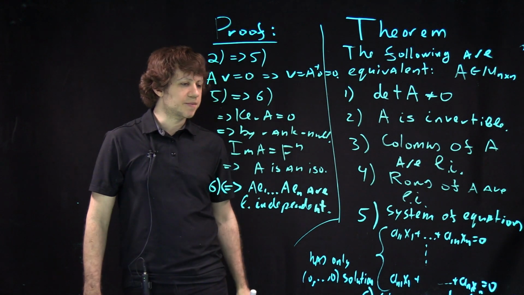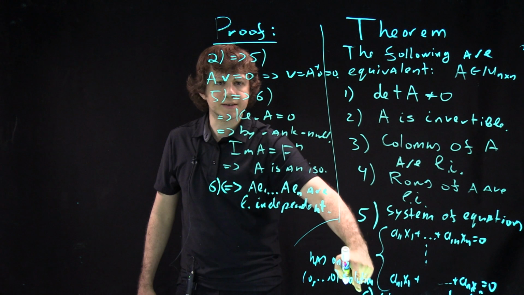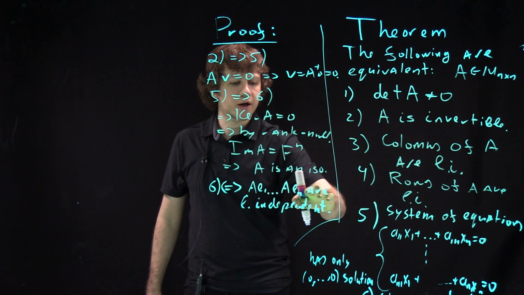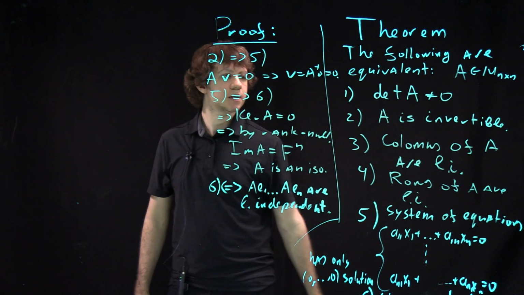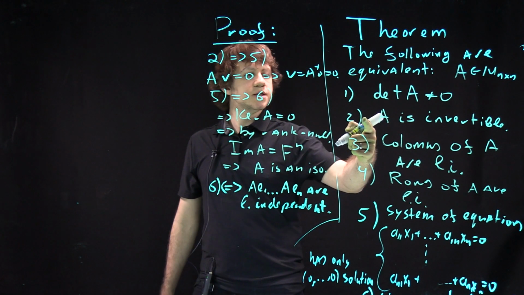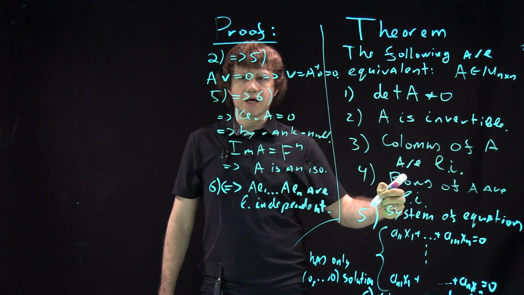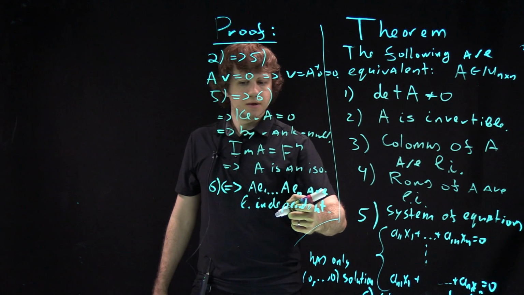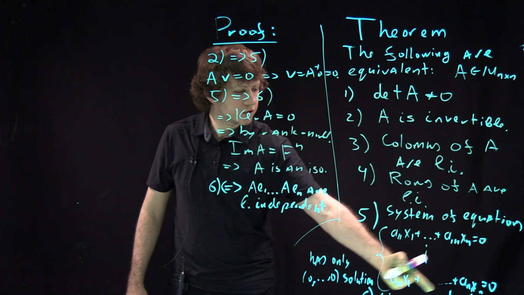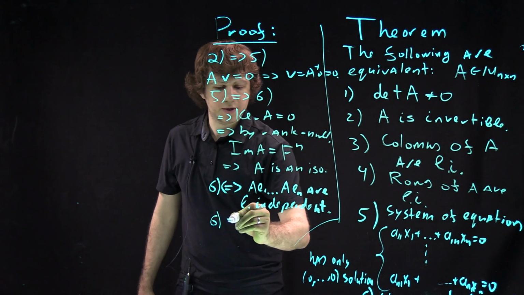So we have that 2 implies 5, 5 implies 6, and 6 is equivalent to the fact that A(e1) up to A(en) are linearly independent. So A is invertible, and of course 6 implies 1.